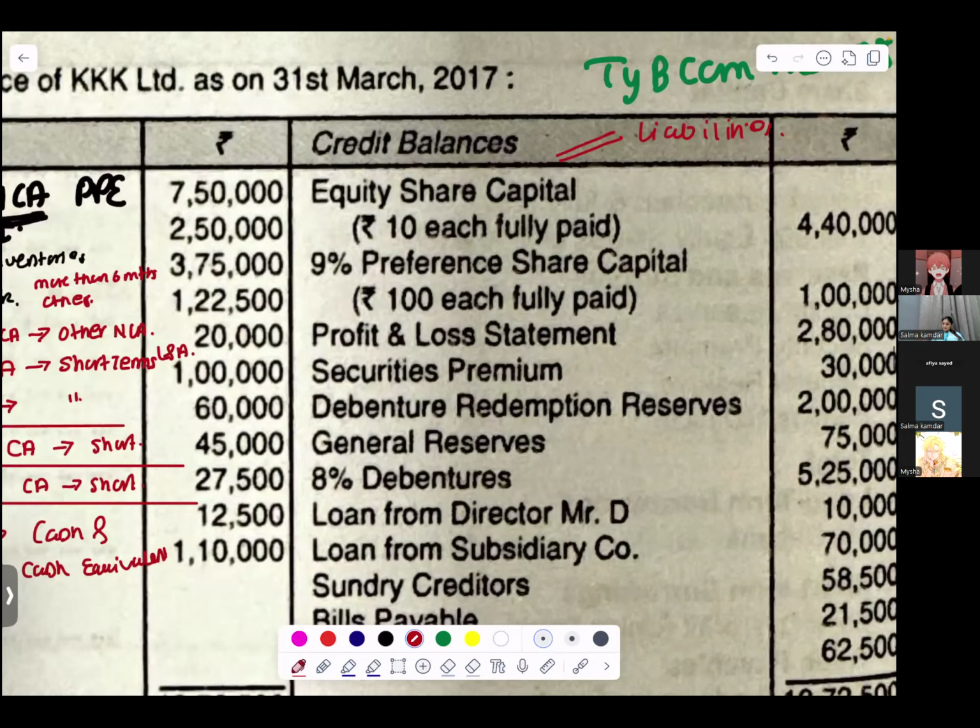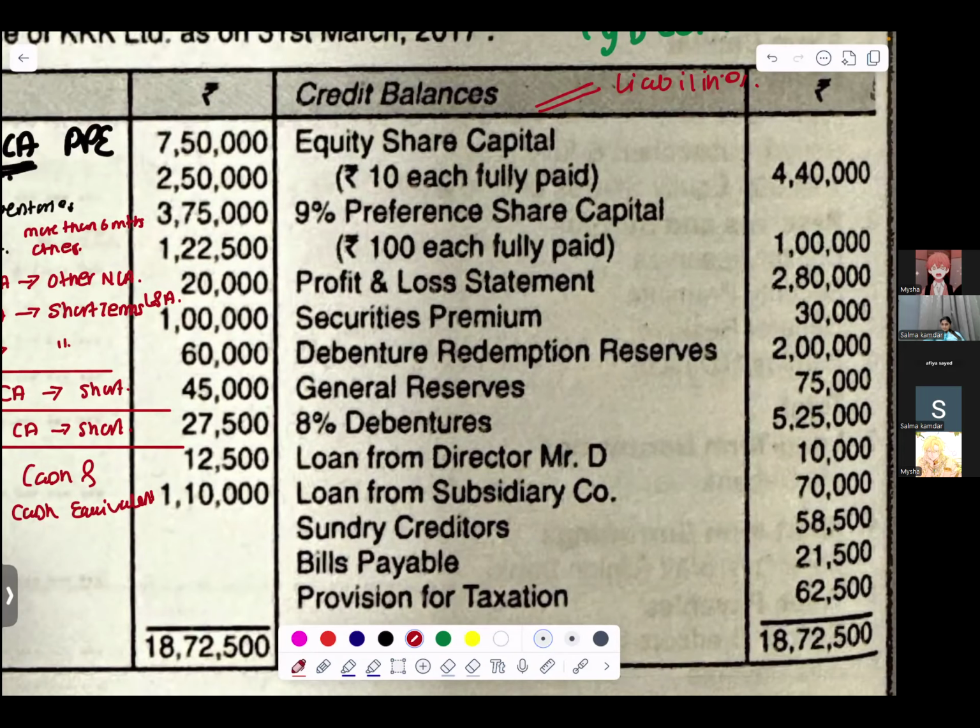Where will equity share capital go? Share capital, in the equity and liabilities, shareholders funds. And where in shareholders funds? Share capital.